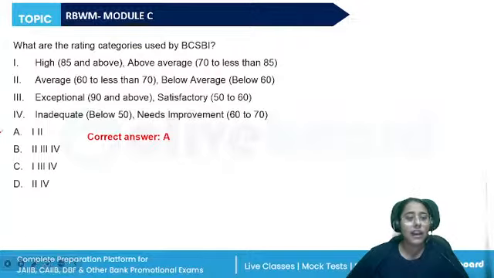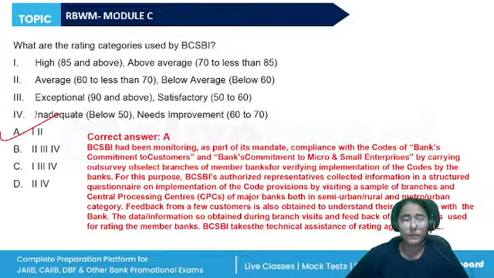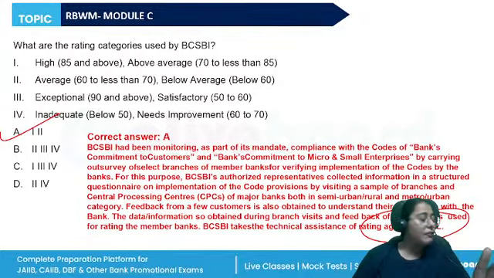This is the correct answer, 1 and 2. The technical assistance of rating agency CRISIL is taken to prepare the scores. I hope this is clear. Remember the total score, the five parameters, and these categories.